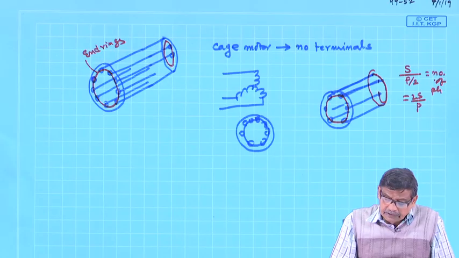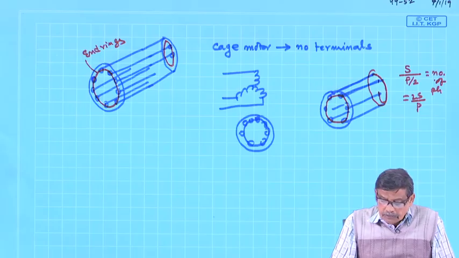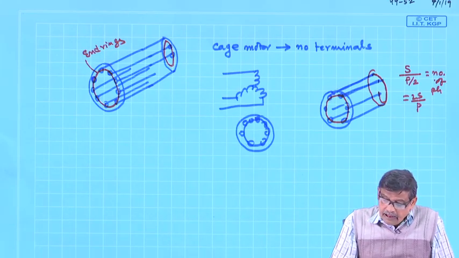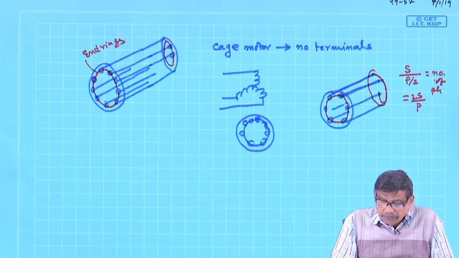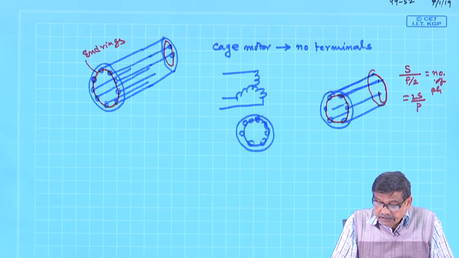Therefore, in the cage induction motor, the advantage is that the construction of the rotor is very simple, with no maintenance because there is no slip ring, brass, etc., and the cost of this machine will be lower compared to a slip ring induction motor, because there are no copper slip rings, neither brushes.